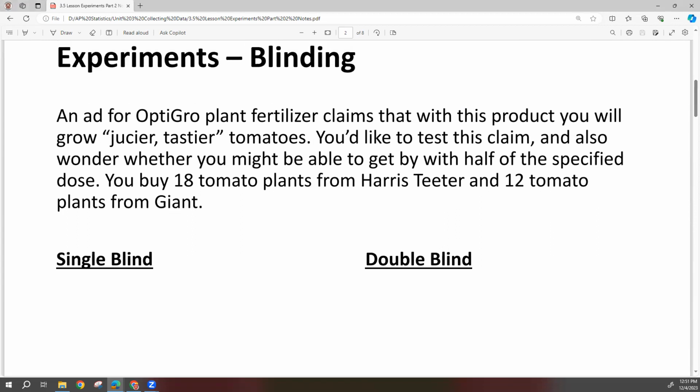What blinding helps with in general is sort of the human nature element of experiments. So we tend to have two different types of groups involved in an experiment: those subjects who are actually participating in the experiment, and then people who are measuring the outcomes. And those people who are measuring the outcomes aren't always going to be the researchers.